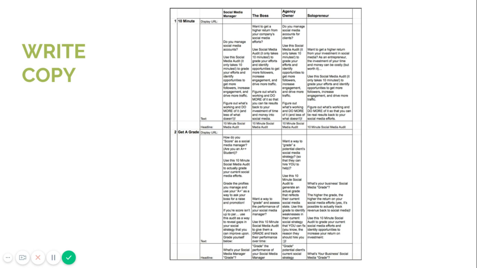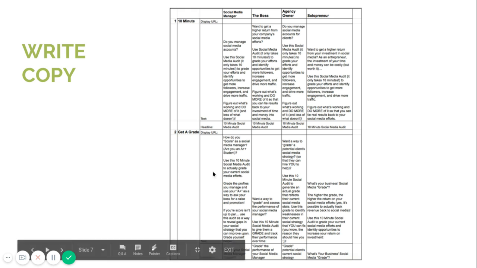So let's go on to the copy. Once you have your hook, you put those on the left-hand side there of the spreadsheet, and then you fill in your copy in between. So you have your avatars at the top now, and you have your hooks on the left in the rows. Each avatar is going to have its own separate copy that goes along with the hook.